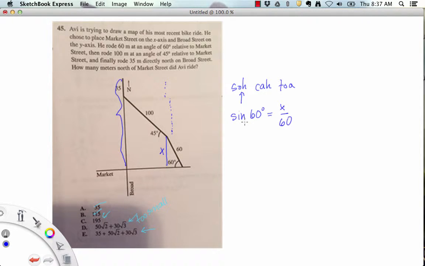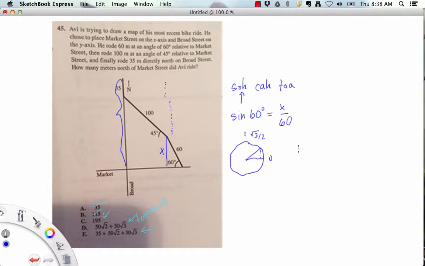Okay. Sine of 60, you can do it on your calculator, but be careful, the answers have the square roots in. So you can do a lot of the numerical back and forth, or you can try to remember. For me, I think about the unit circle. If you've got some angle, the sine is the opposite, so the sine is the y-coordinate. So sine of 0 is 0, sine of 90 degrees is 1, and then it goes up 30, 45, 60. So this is the one that's square root of 3 over 2.